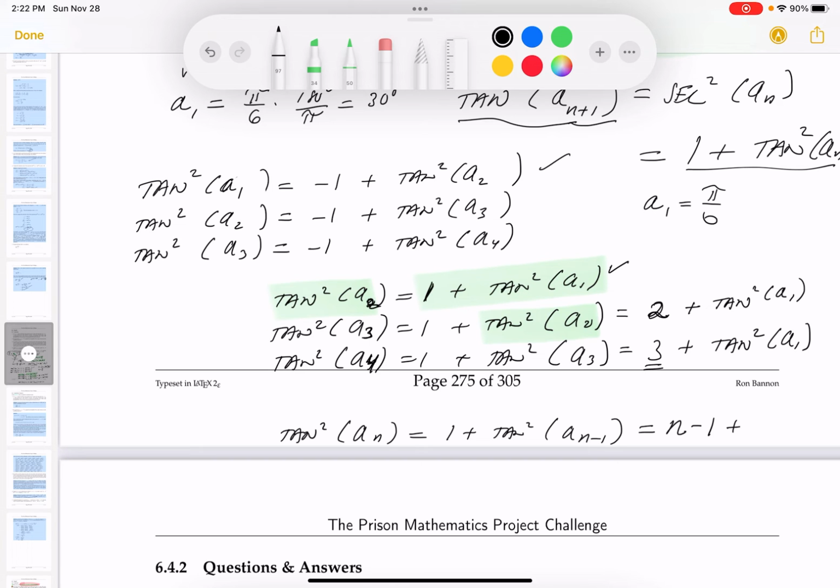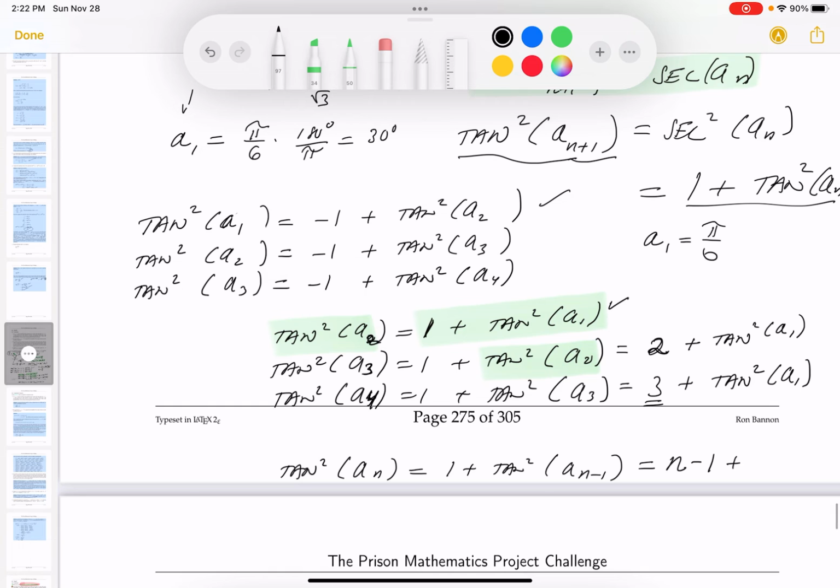Now here comes the part where I'm going to get a number down for you. And the number for the tangent squared of A1, I think I computed that before though, right? A1 is 30 degrees, right? I'm going to square that number.